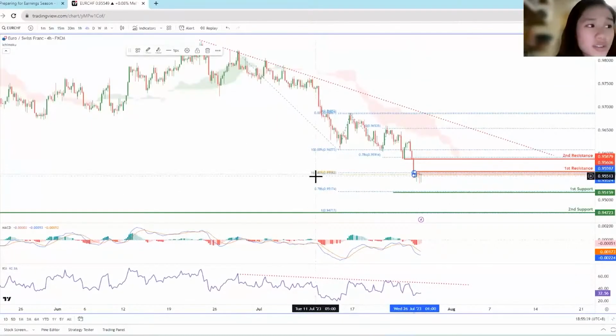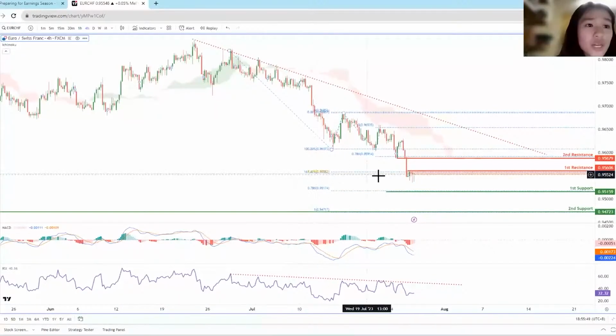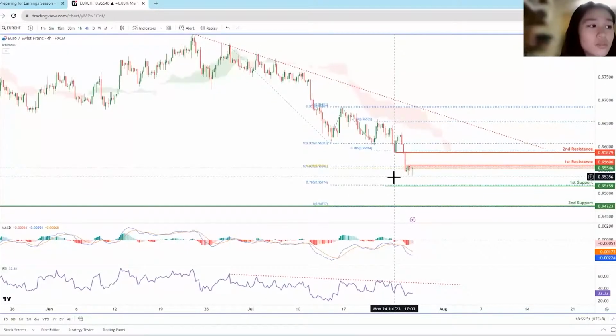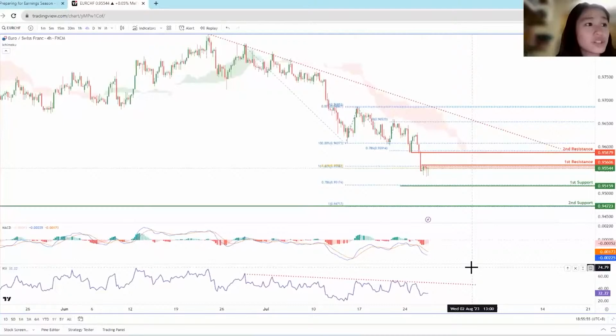This resistance area, because of the confluence area as well, 61.8 Fibonacci projection, and also the 161.8 Fibonacci extension. So we have that. And also our indicators all giving us very bearish signals. So we can expect it to continue to drop to our first support.